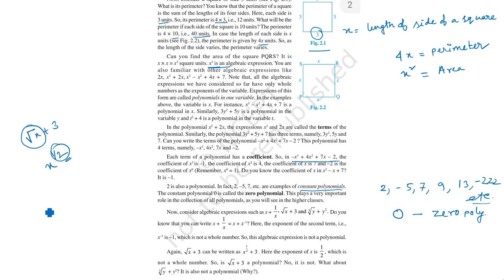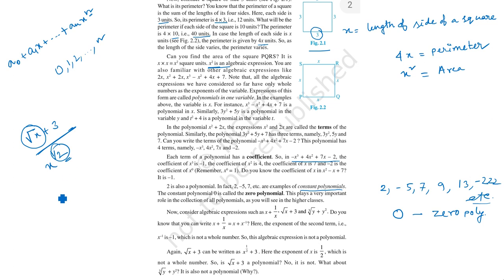So this cannot be a polynomial, because in the definition of our polynomial, a0 plus a1x plus and so on plus an x to the power n, all the powers of x are 1, 2, up to n, or 0. So root x plus 3 can't be a polynomial.